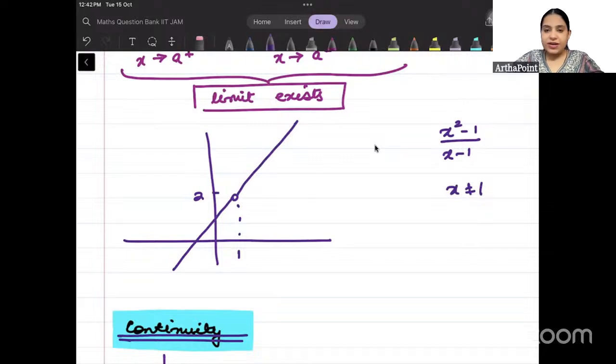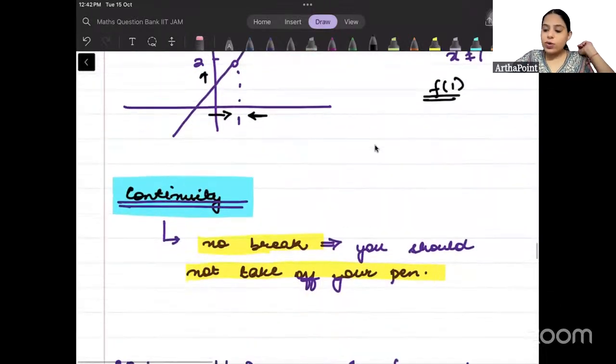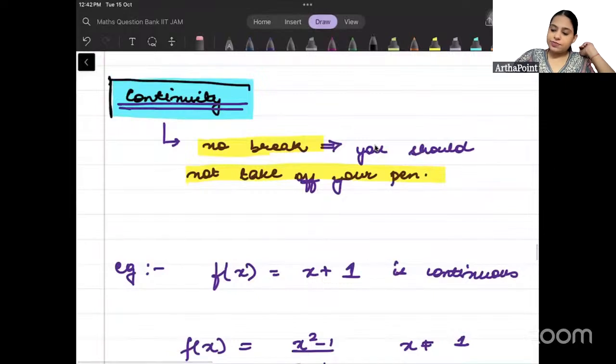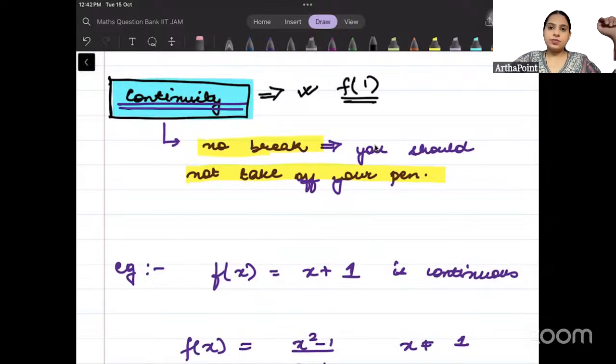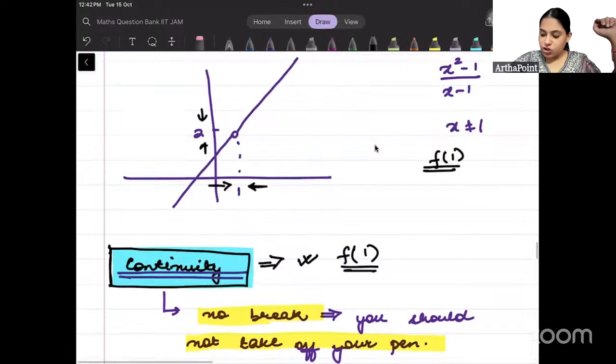But we said that when we try to approach 1, the value of the function approaches 2. We are not concerned with what happens at 1. That was not my concern as far as limits were concerned. But now when we talk about continuity, I am very much concerned with what happens at 1. Am I able to define the function at that point or not? I am concerned with that also, right?